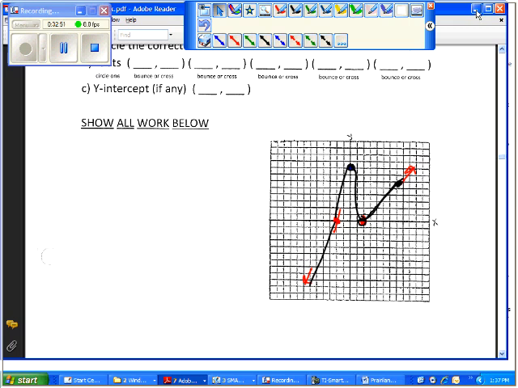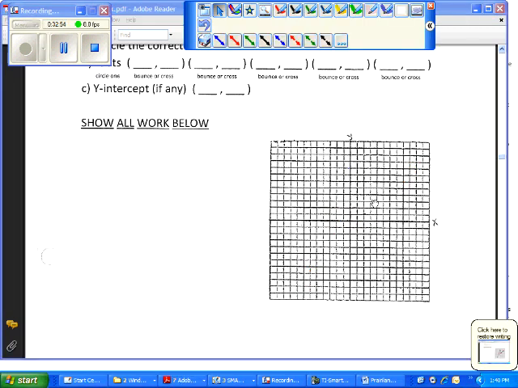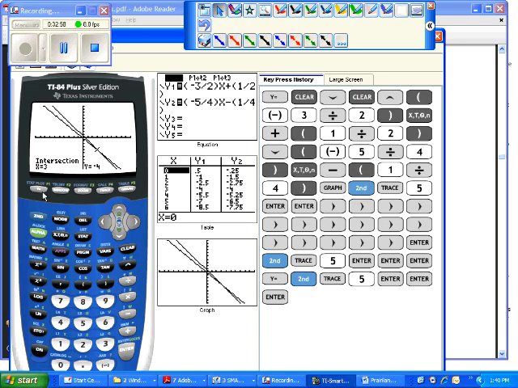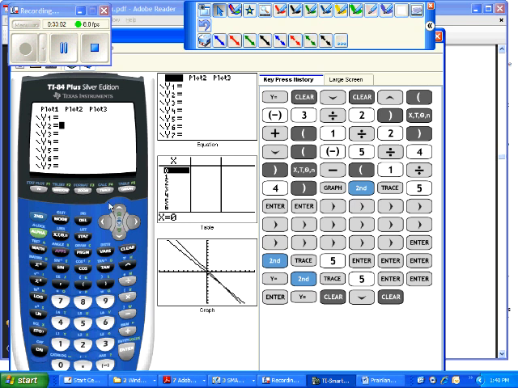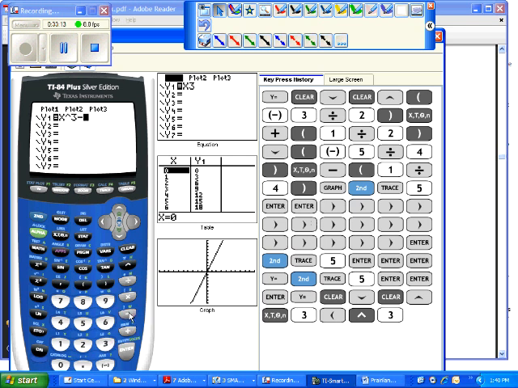Now, let's put that thing on the graphing calculator real fast, just to do one. If we put that in y equals, what was the equation? y equals x to the third minus 2x squared minus 4x plus 8.